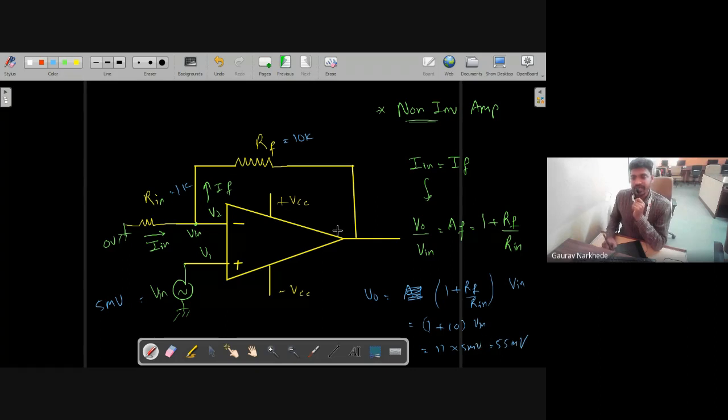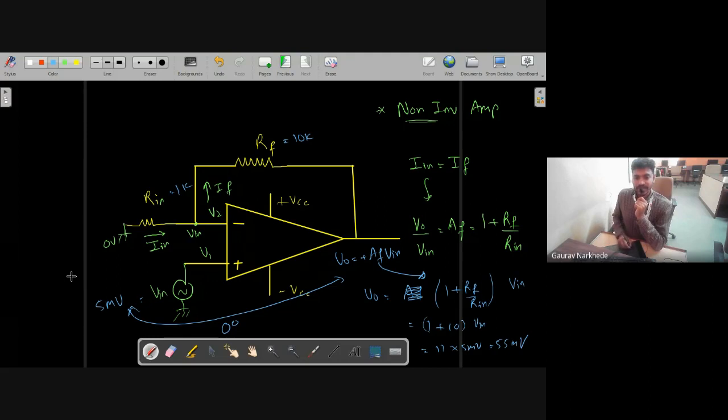Then we can say the output V naught is equal to plus AF times V in, where AF is nothing but 1 plus RF by R in. So we can conclude that the input and output are in phase, that is, they are 0 degrees out of phase.